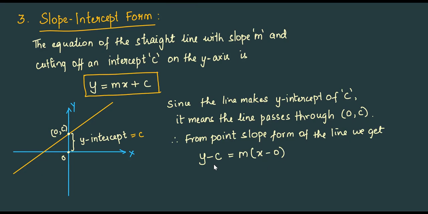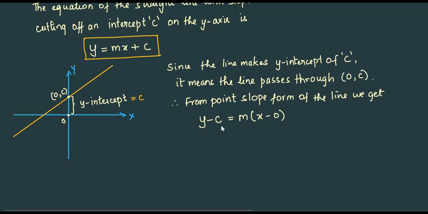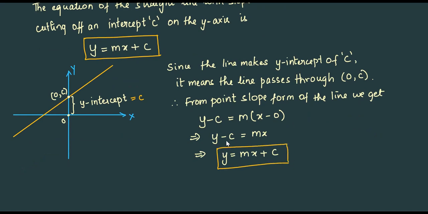So it passes through this, and we get y minus c is equal to mx. Take c to the other side. So y is equal to mx plus c. This is the slope intercept form.